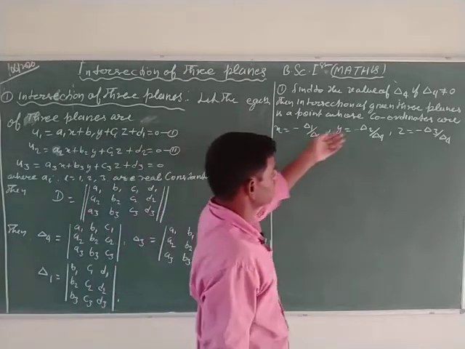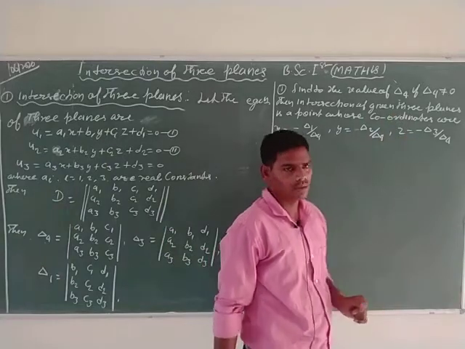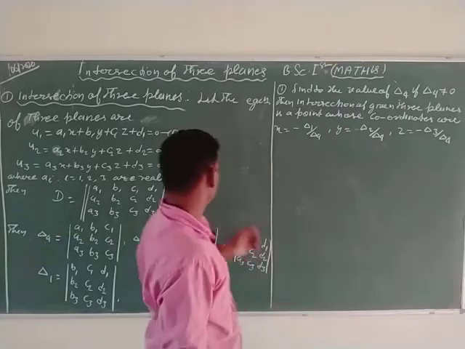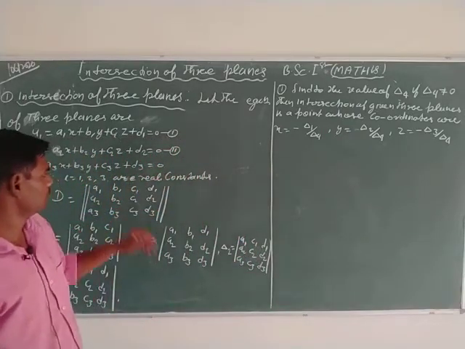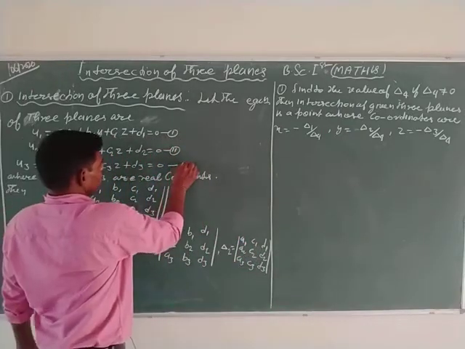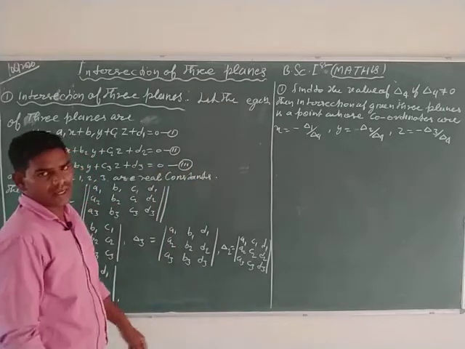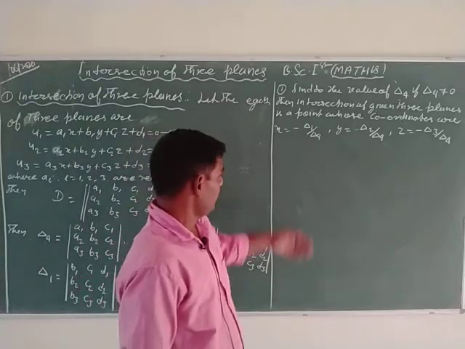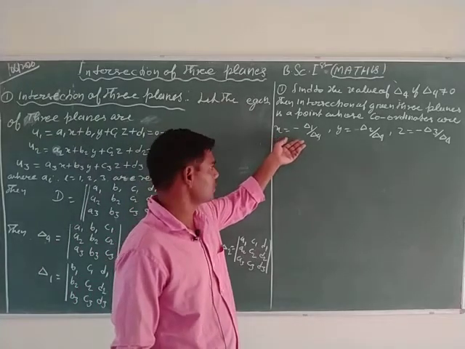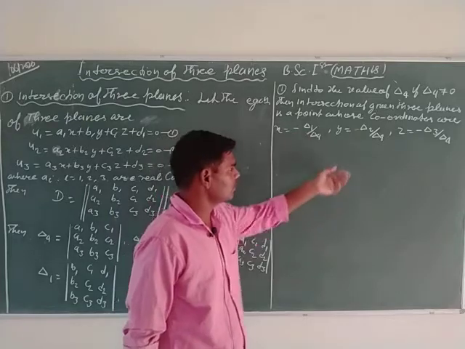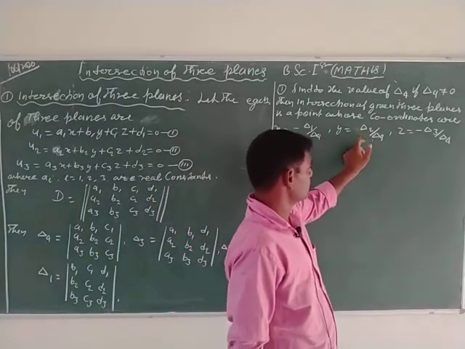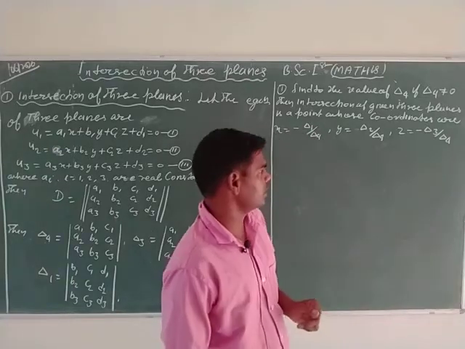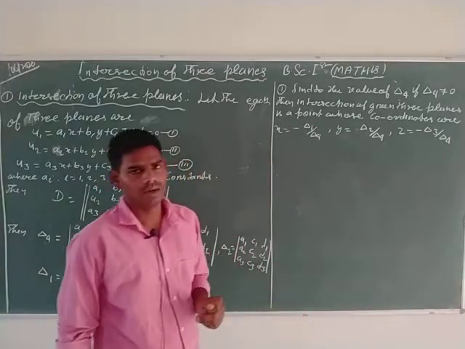So if delta 4 is not equal to 0, then the intersection of the given three planes is a point, and the coordinates of the intersecting point are found by this rule: x is equal to minus delta 1 by delta 4, y is equal to minus delta 2 by delta 4, and z is equal to minus delta 3 by delta 4.